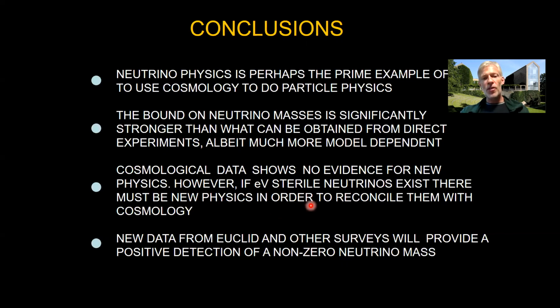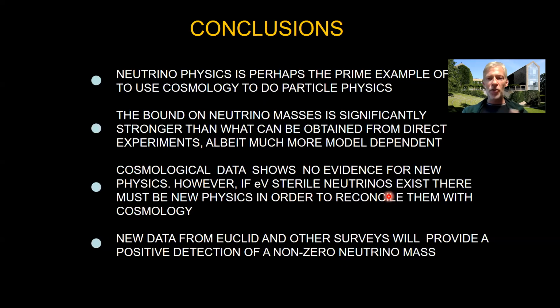We also note that cosmological data, at the moment at least, shows no evidence for beyond standard model physics in the neutrino sector. And that means that if sterile neutrinos do exist and are experimentally confirmed, cosmology will have to find some way of incorporating them.